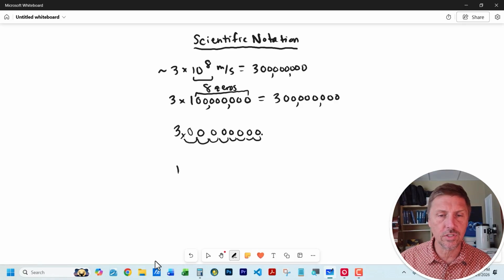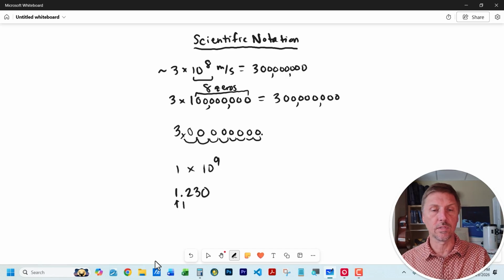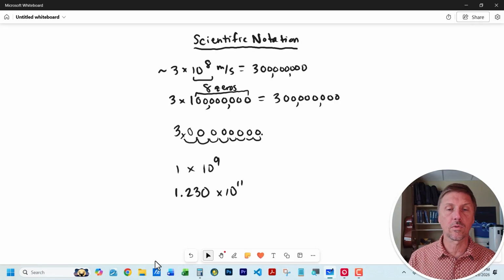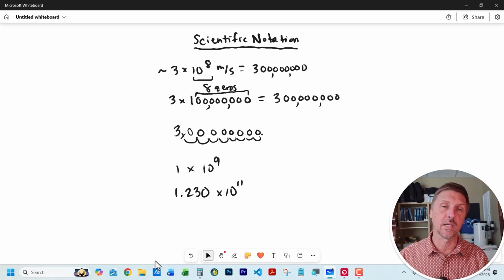You could have a single number, like 1 times 10 to the 9th. That's scientific notation. But if you had other numbers in there besides the 1, like let's say it's 1, 2, 3, and then maybe a 0 at the end, you always have a single digit here followed by a decimal place when you're in scientific notation. So 1.230 times 10 to the 11th would be the correct way to write something in scientific notation.